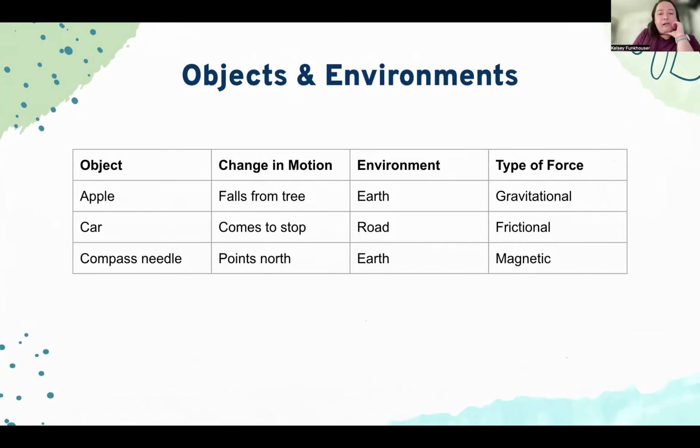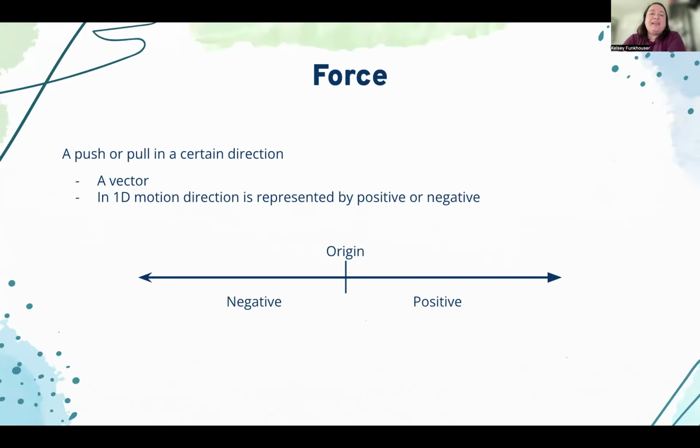As you see from the table, we describe the interaction of an object with its environment in terms of force. But what is force? Forces are a push or a pull on an object in a specific direction. Force is also a vector. Like I said, there's lots of vectors in this class. And in one-dimensional motion, the direction is just given as negative or positive.